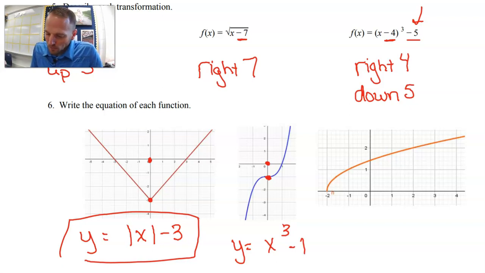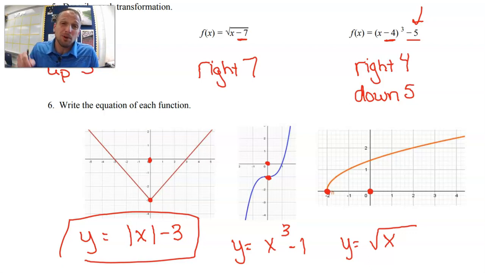Okay, next one. That shape, that's like a half of a graph. So the exponent's kind of like a half, which is a square root. This is square root of x. Okay, now this point right here where we started, that normally is back at 0, 0. So it looks like I went left 2. So remember, if I'm going left and right, that's with my x.